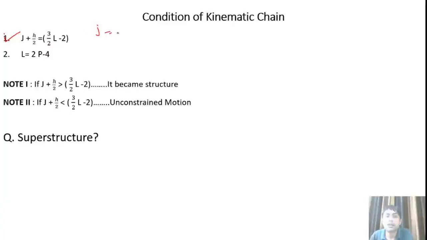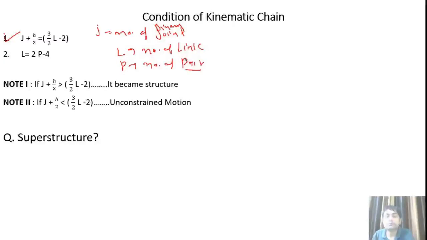J is the number of joints, number of binary joints. L is the number of links. P is the number of pairs. If these two conditions are satisfied, then a chain is said to be a kinematic chain.